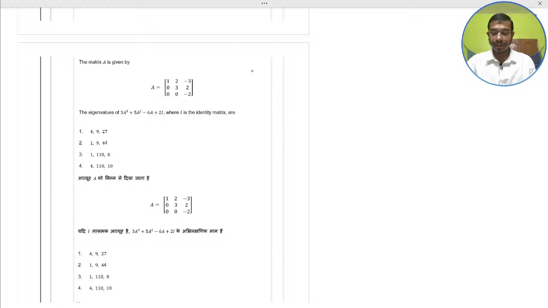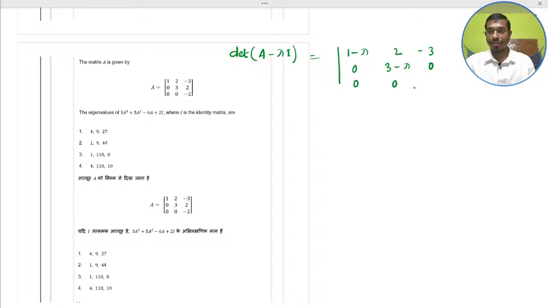So the characteristic equation, the determinant of A minus lambda I by definition, is equal to 1 minus lambda, 2, minus 3, 0, 3 minus lambda, 0, 0, 0, minus 2 minus lambda, that is equal to 0. Solve this, you get the eigenvalues lambda 1, 3, minus 2.